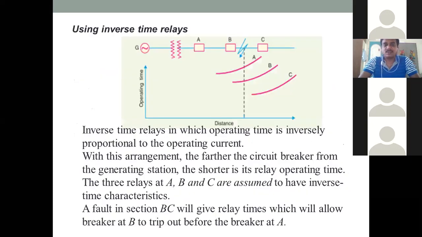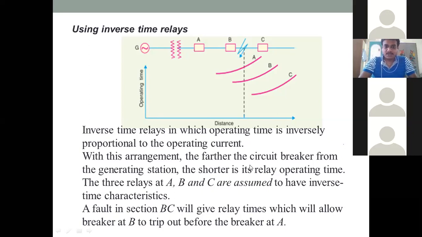That is the difference. Here you can see this graph of operating time and distance. When the distance increases, you can see that A decreases, B decreases. For example, between A and B there is no fault, but between B and C a fault occurs. In an inverse time relay, the operating time is inversely proportional to the operating current.